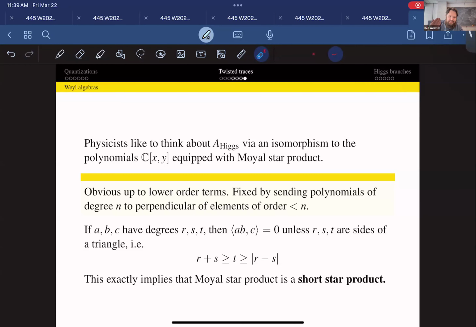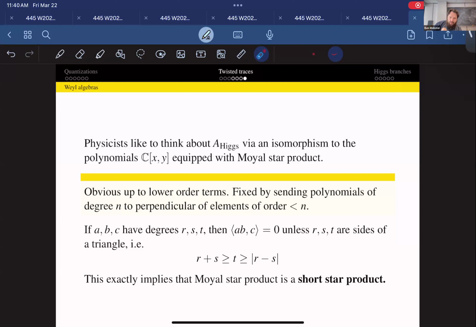And this actually explains why you get what's called a short star product. So if you have three things, you take the product of two of them and take the inner product, using some cyclicity of this inner product, basically the twisted trace property, you only get a non-zero answer if R, S, and T are the sides of a triangle.